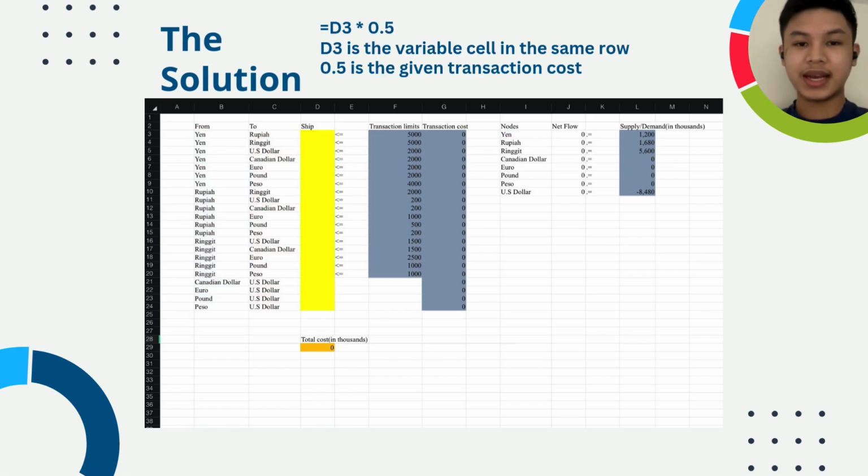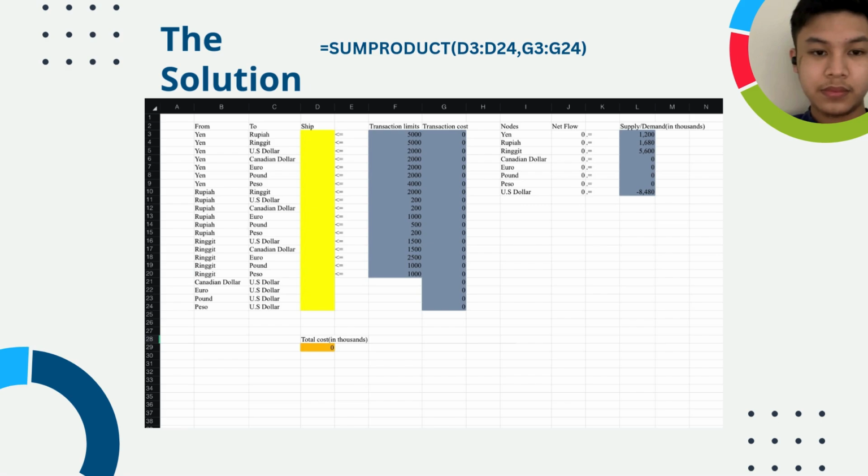So for the transaction cost, the values differ, but they all use the same formula, where we multiply the same row variable cell with the transaction cost given by the book. For the last formula, it is for the objective cell, which is SUMPRODUCT, select all the variable cells, comma, and then select all the transaction costs.